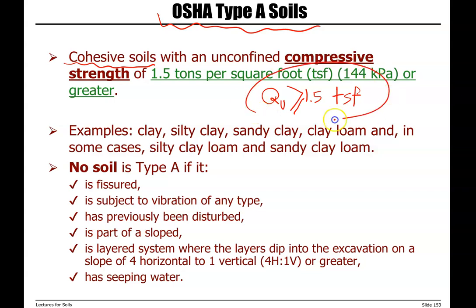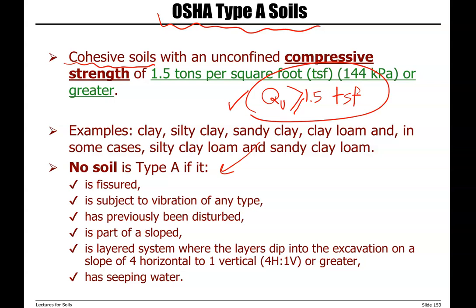So this is the mechanical characteristics, but we also need to pay attention to the environmental exposure conditions. First, we need to look at compressive strength. Then we also need to look at the environmental conditions.